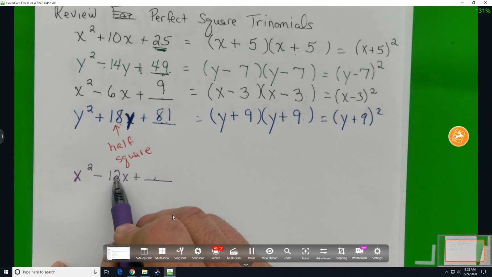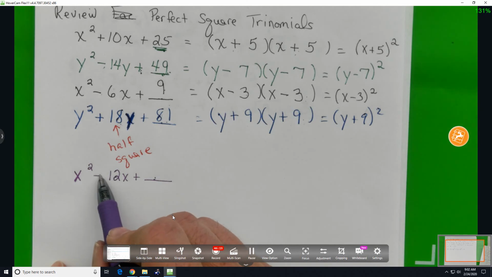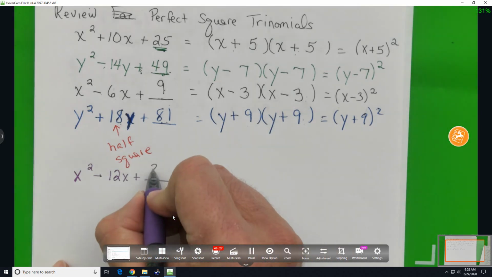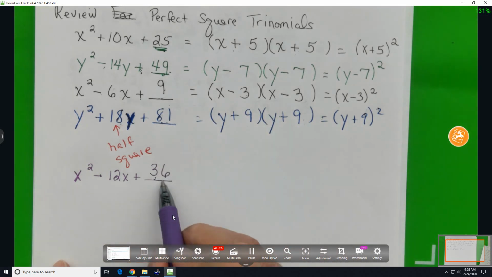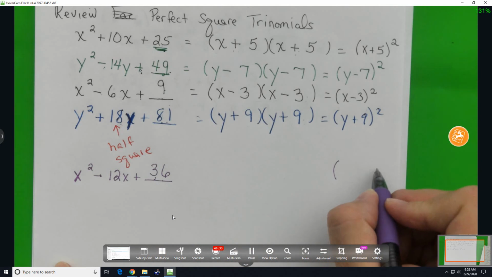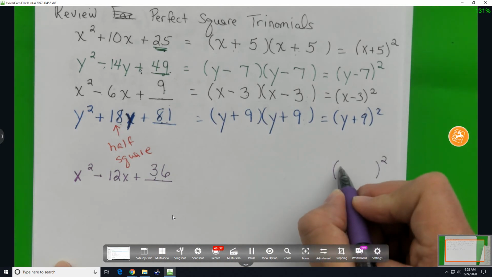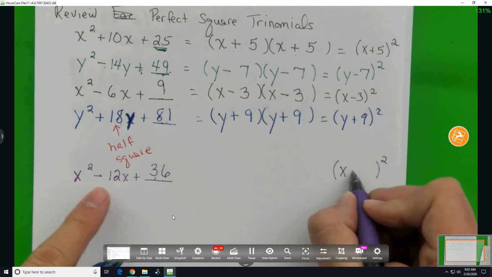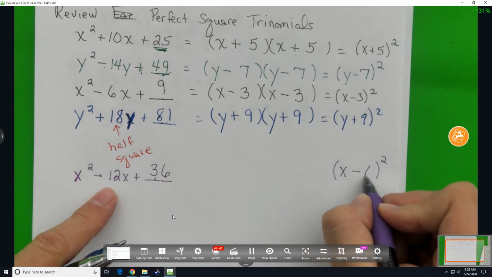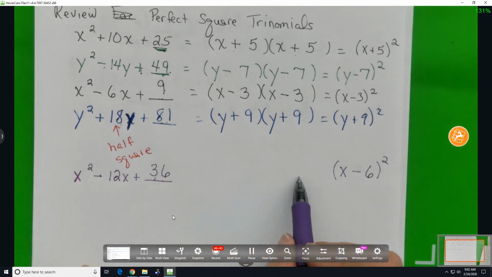If you're worrying about this negative right here, okay, half of negative 12 is negative 6. But negative 6 squared is still 36. So if I had a 36 there, how would it factor? I'm going to skip straight to just the answer. I would put an x and then a minus 6. See, I don't need to write it out twice.